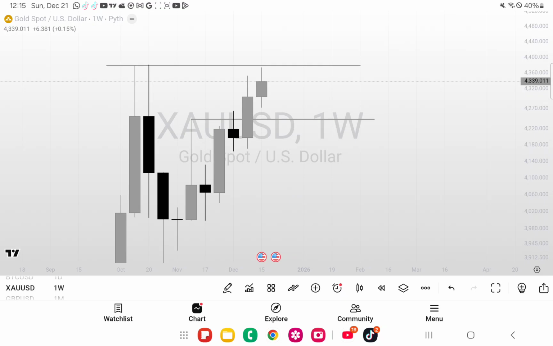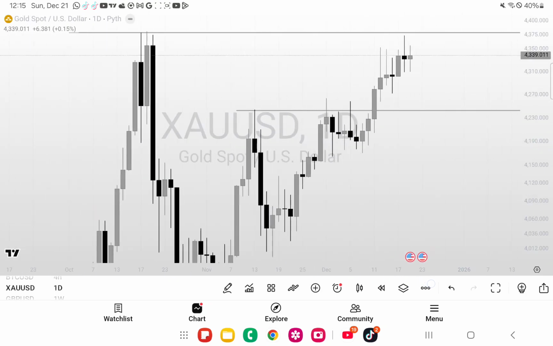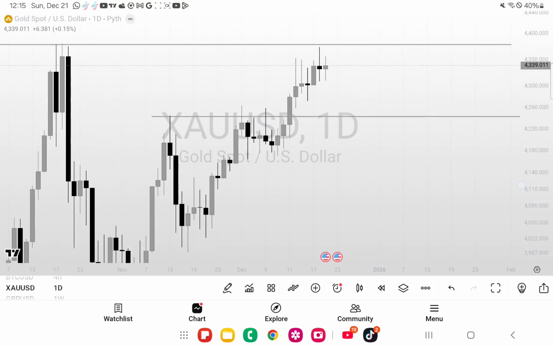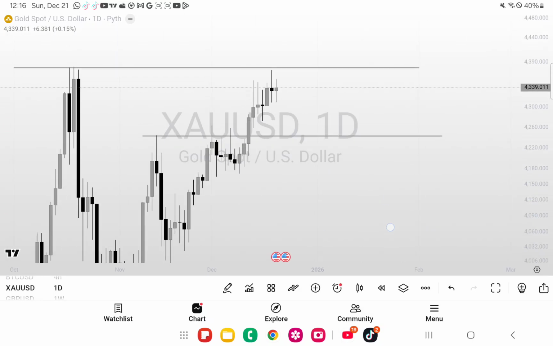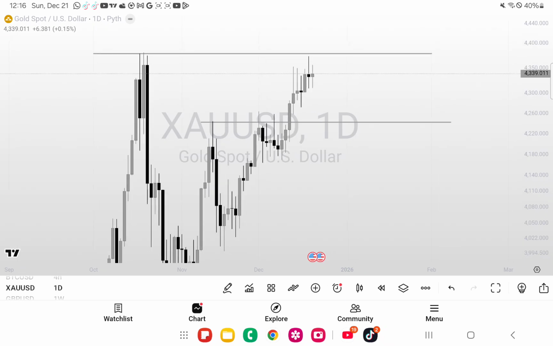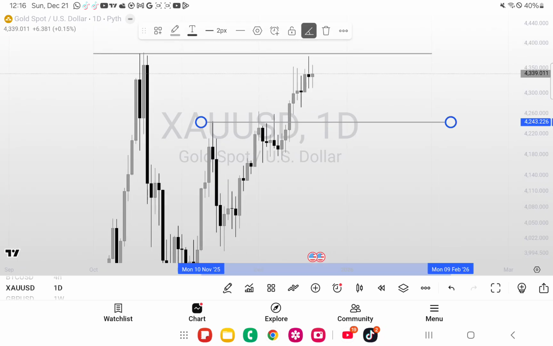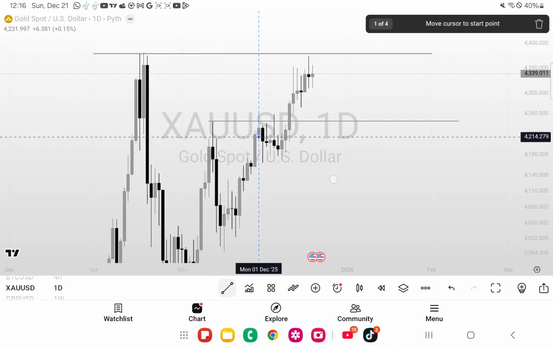So let's scale down on the daily time frame and see if we have a clear picture of it. On the daily time frame, we have to mark out the last structure that the market gave us. This should be the last structure.